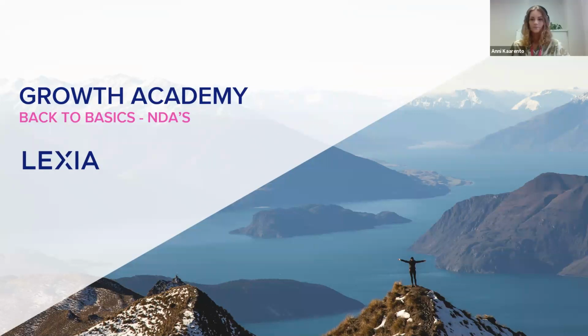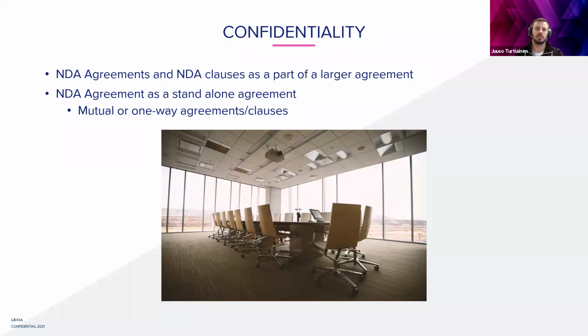Non-disclosure agreements are essentially made to govern confidentiality. This can be done either through the actual agreement or through NDA clauses, which are part of a larger agreement. The NDAs themselves can be either a standalone agreement, or part of the major agreement between two parties. They can be either mutual or one-way agreements or clauses, essentially depending on the flow of information.